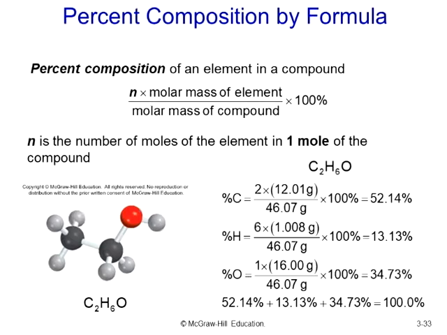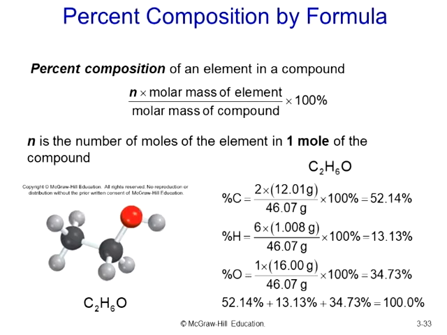So we would take the number of each of the elements, use a molar mass to acquire the elemental mass in the composition, and divide it by the total mass of the compound. In the case of carbon, this will be 2 times 12, divided by the total molar mass of ethanol, which is 46.07, and we get approximately 52%.